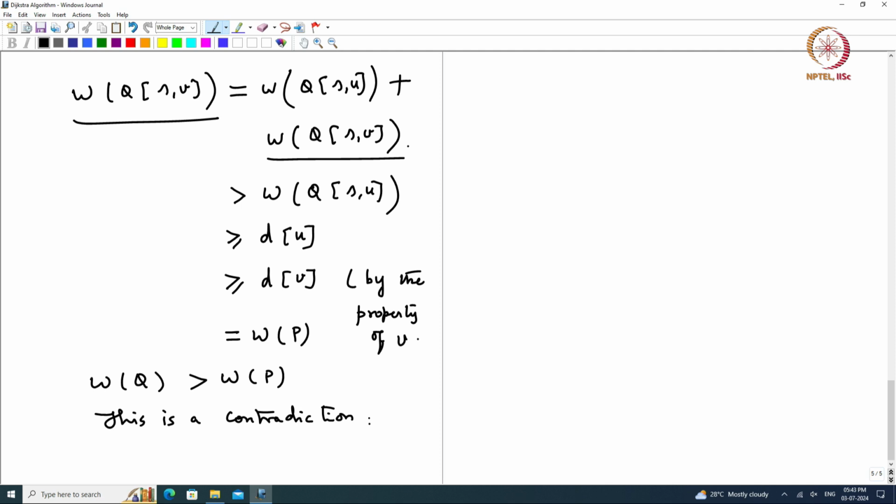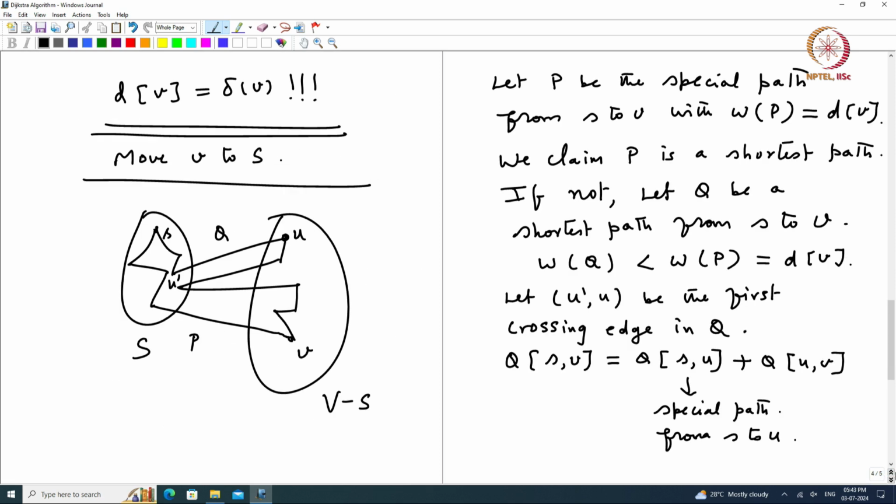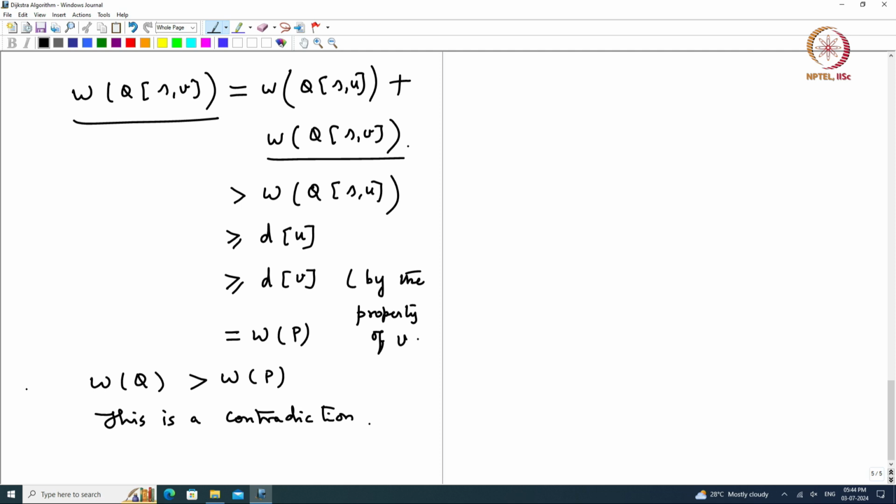Because we have assumed that Q is the shortest path, look here, weight of Q is less than weight of P. We have assumed that P is not the shortest path and Q is the shortest path, therefore Q is shorter than P. That is what we started with, but now we have got this.